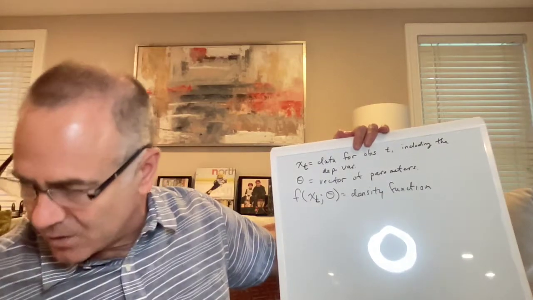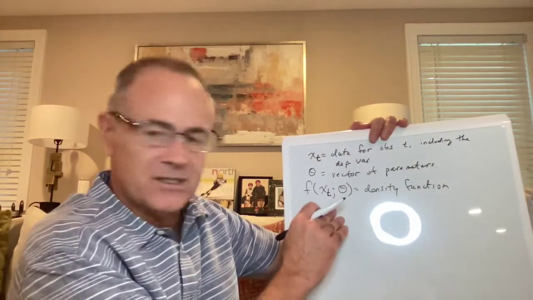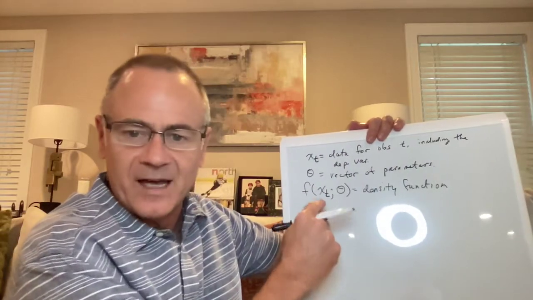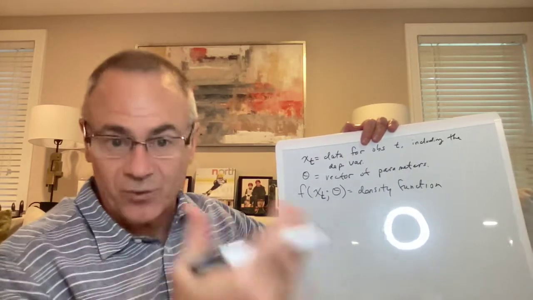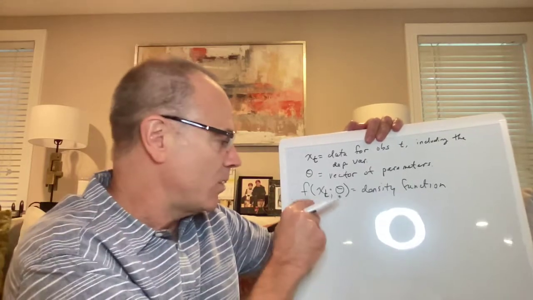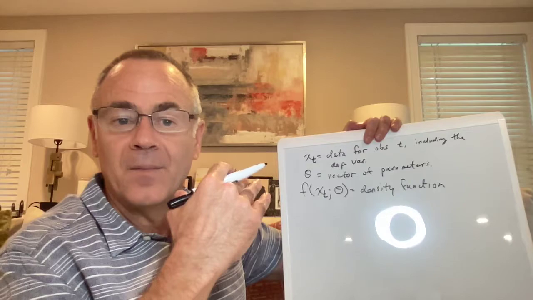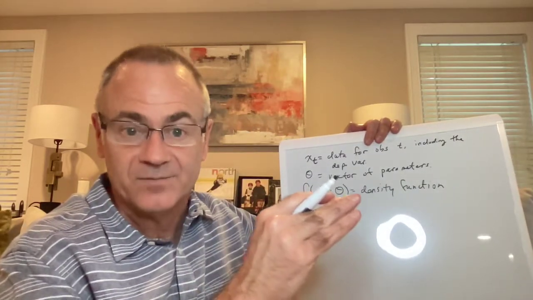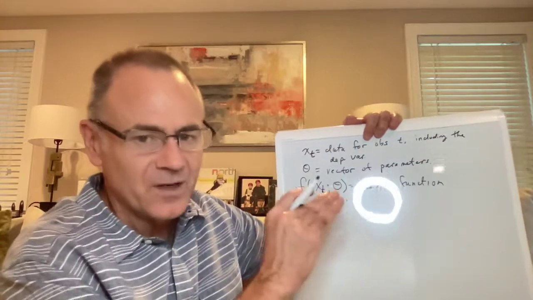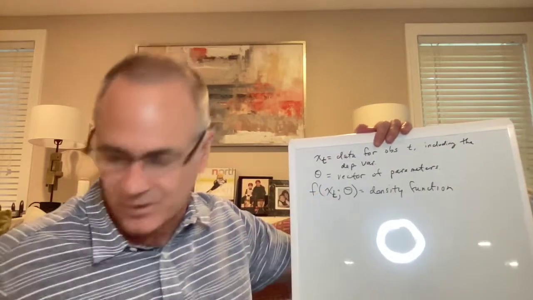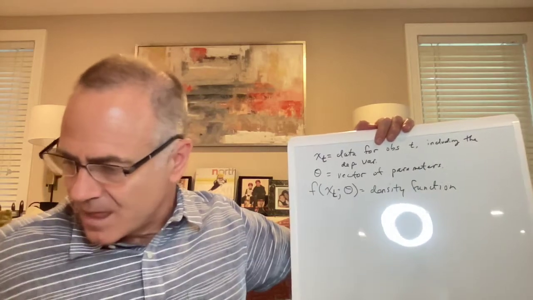But the key is that's a density function, and remember, when that dependent variable, that part of x sub t, is a discrete value, not a continuum, we'll call that f a probability. It's a little bit more difficult when it's continuous. It's not quite, but it's very similar to a probability function.